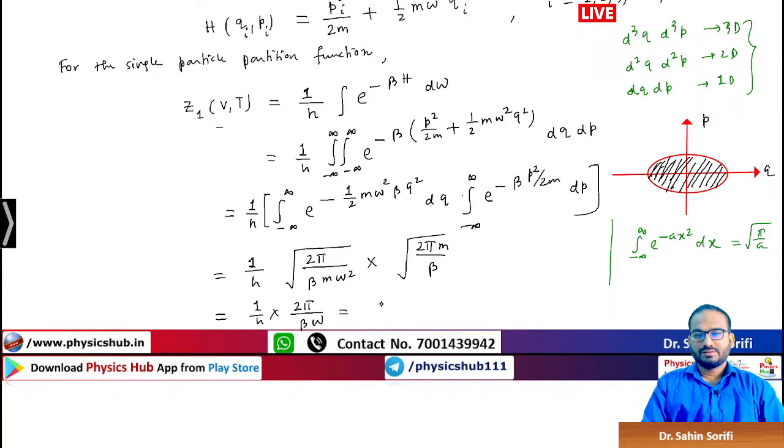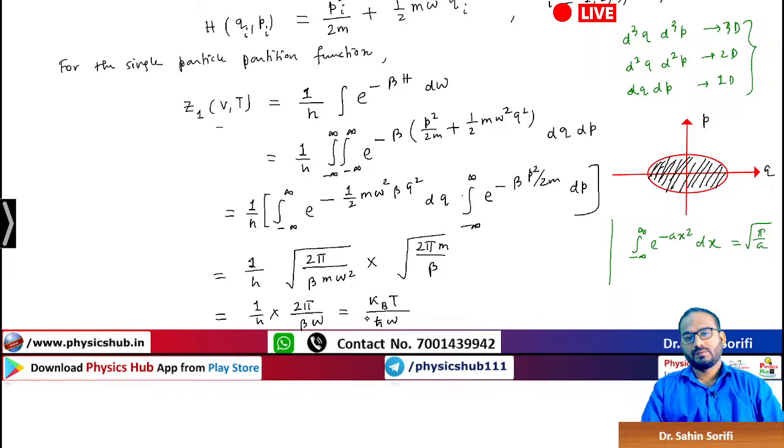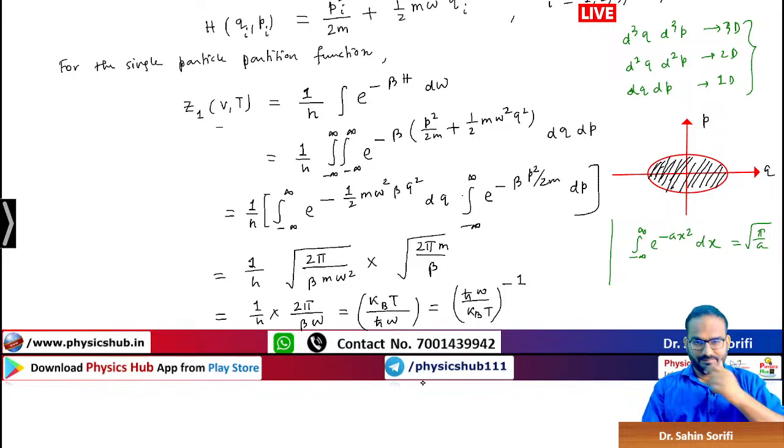Look, beta is equal to 1 upon kT, and h by 2 pi is h cut, so h cut omega by kT. So we can write h cut omega by kT inverse.